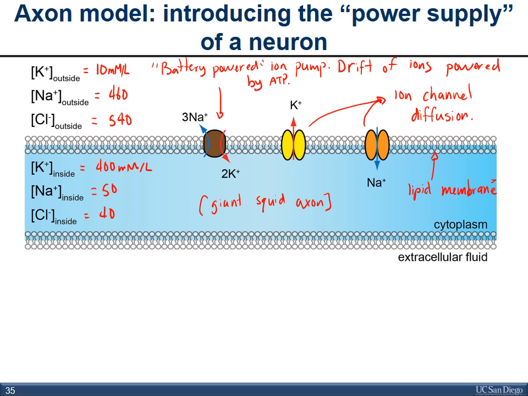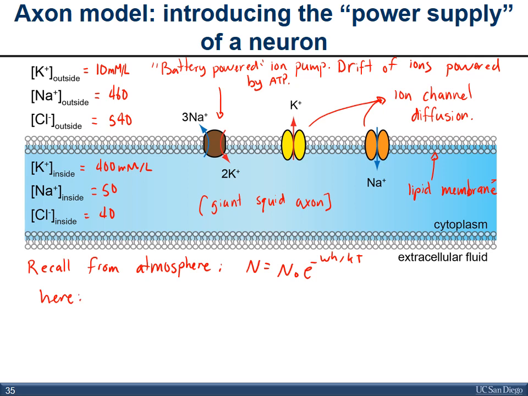Okay. So clearly we have some sort of Boltzmann-like model that's going on here. We have an active pump that's applying a drift of ions, and we have diffusion of ions going out the other way. So recall from our example on the atmosphere, we can say that N, or the concentration, is equal to N0 e to the minus WH over KT.